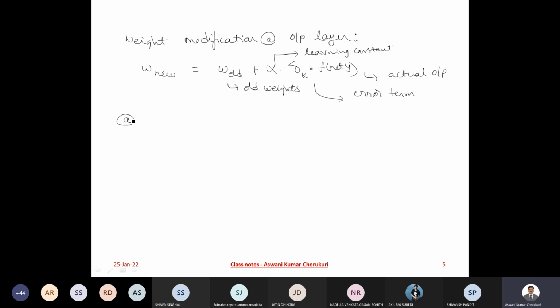At the hidden layer, the new weight is equal to the old weight plus the learning constant times the error term for the z's, either z1, z2, whatever it is, and the corresponding input at the node.